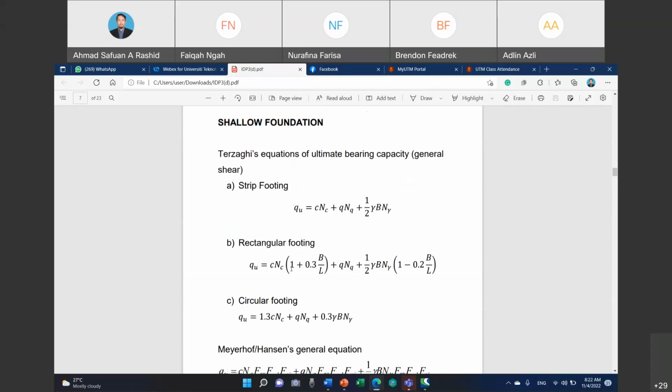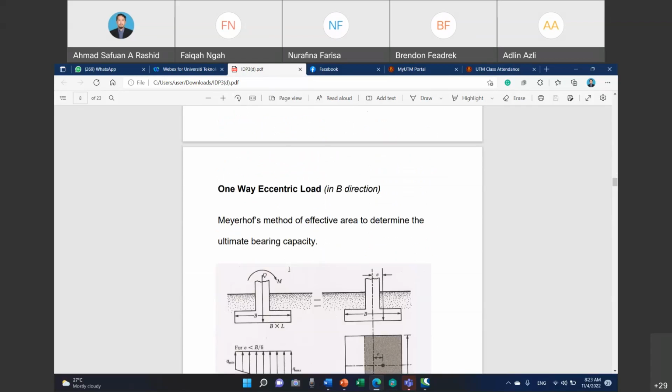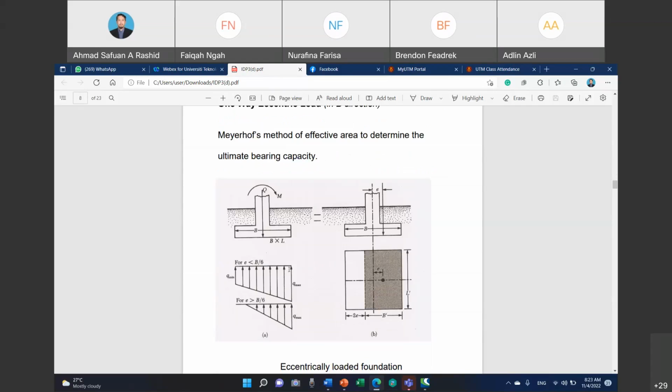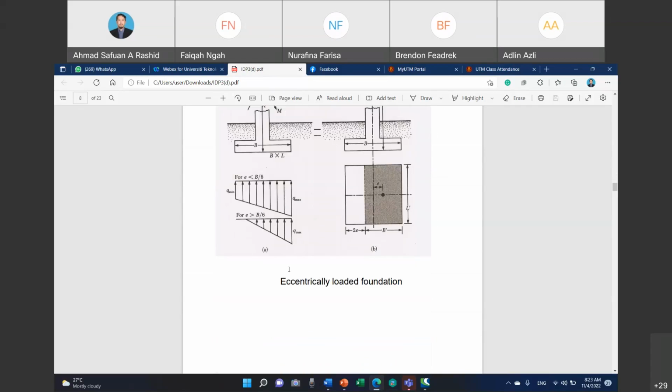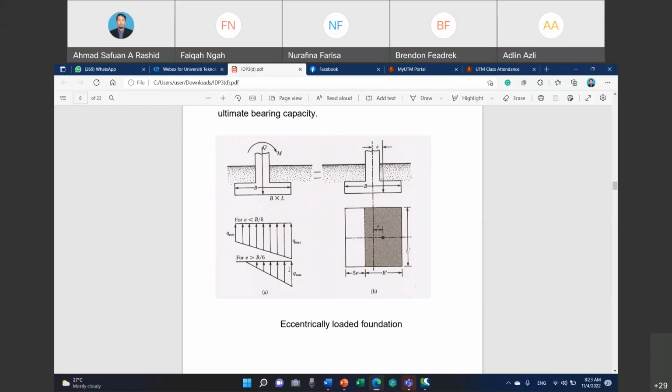This is for the load directly at the center of the foundations. Kalau ada issue of eccentricity, you can use this approach. Dapatkan dulu berapa nilai e dia dan pastikan e dia should be less than B/6, baru boleh guna this kind of approach.